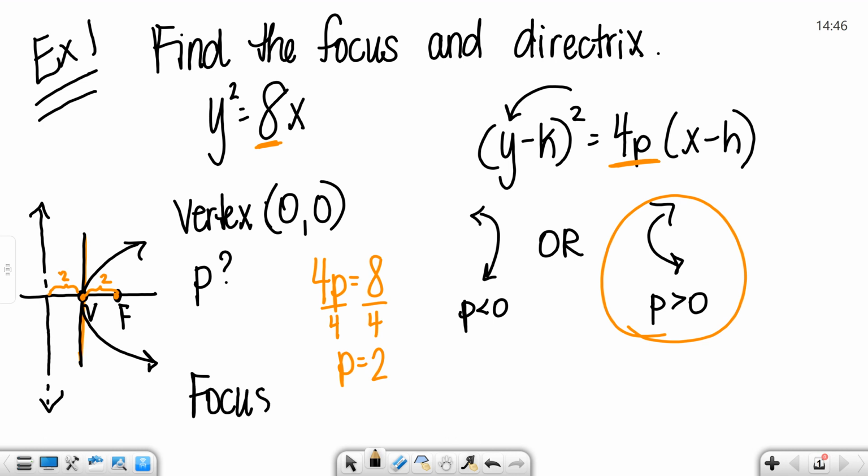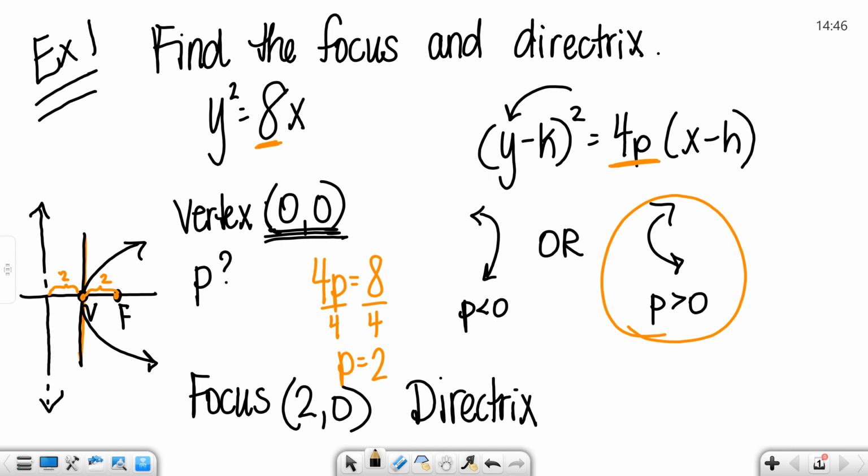So that helps me answer the question for focus and directrix. My focus, we already decided our vertex was at (0, 0). So we go 2 spaces to the right. So my focus is (2, 0). My directrix, I'm going to go 2 spaces to the left, and that's going to put me at this line. Your directrix is not a point. Your directrix is a line. It is a vertical line at x equals, in this case, x equals -2, because we went 2 spaces to the left, and that put me at an x value of -2.